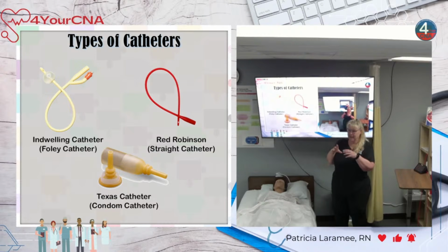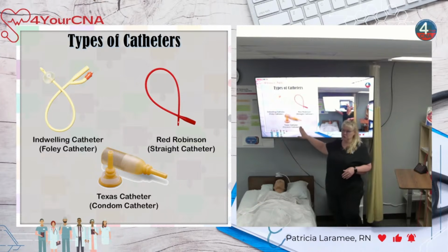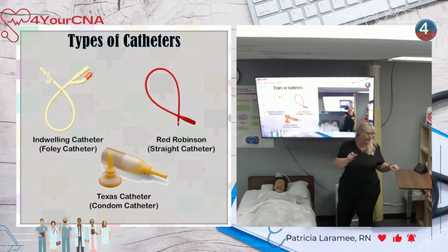This is a skin prep. You can't see it. It's not like nail polish, it's not real thick, but it provides a layer over the skin to help prevent that acidic urine from coming into direct contact with the skin. So if you're going to be changing this, make sure you understand the instructions on the care plan. Are we using skin prep or are we not?